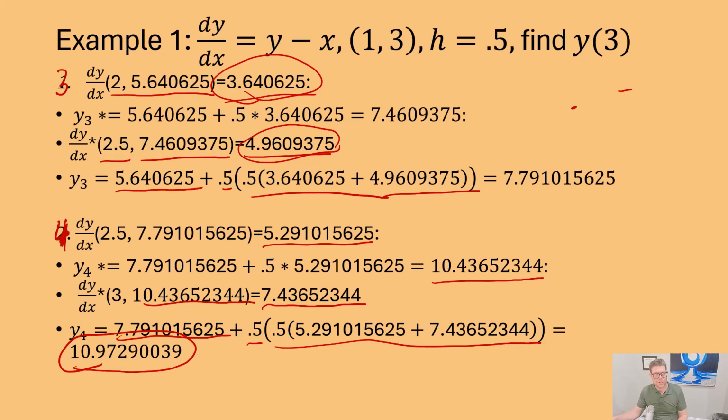So you can see we're just going to reiterate that process over and over until my x value equals the x value I'm looking for. I'm looking for y of 3, so I'm going to stop at 3. In this case, we could evaluate the exact number of steps by simply taking 3 minus 1, those are my x's, and dividing by 0.5, and that ends up equaling 4, and that's my n. That's how many steps I'm going to need.